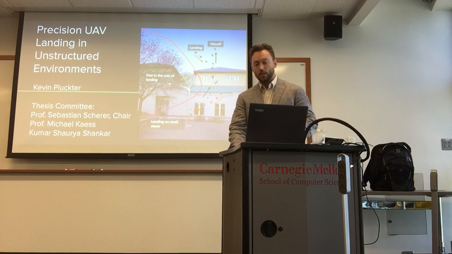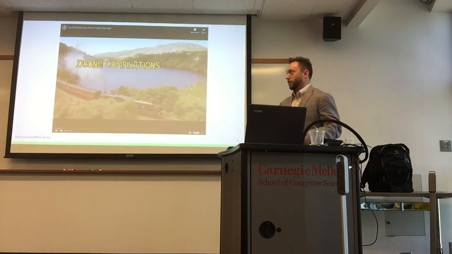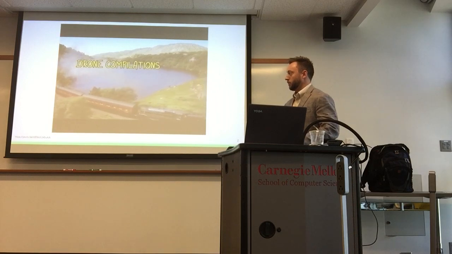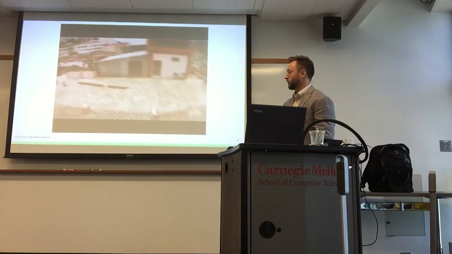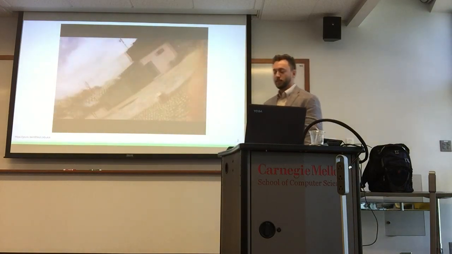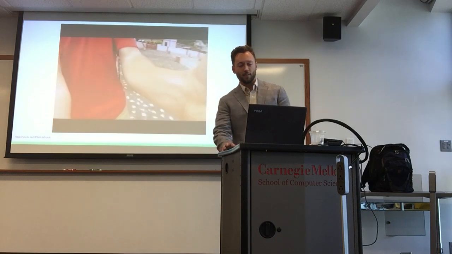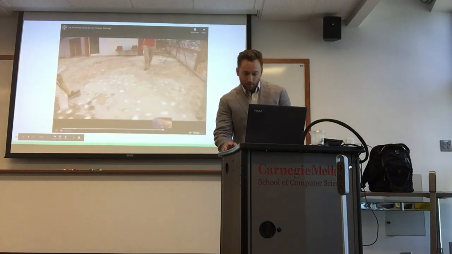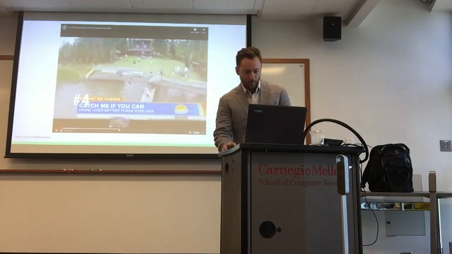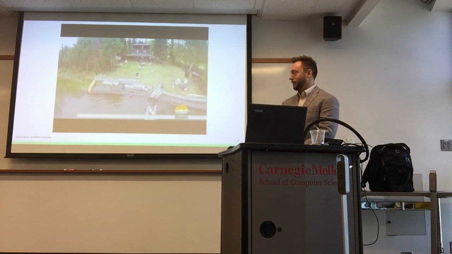So now that we know what this is, why do we want something like this? It turns out drones don't always land in the most desirable manner. Here we have a drone coming down off the edge of a building, nicely rescued. Next we have a drone powering down and landing into a lake.